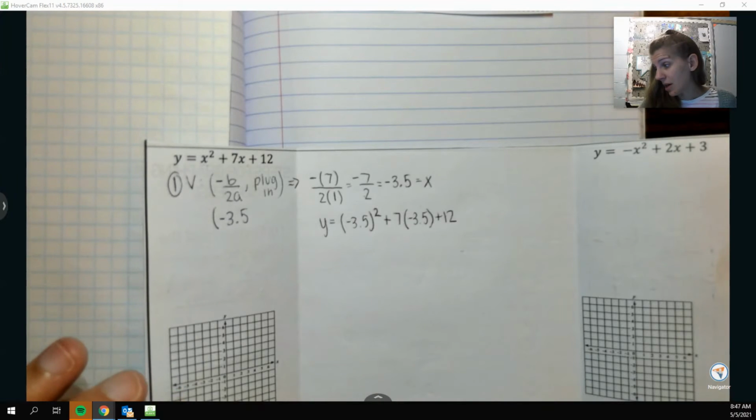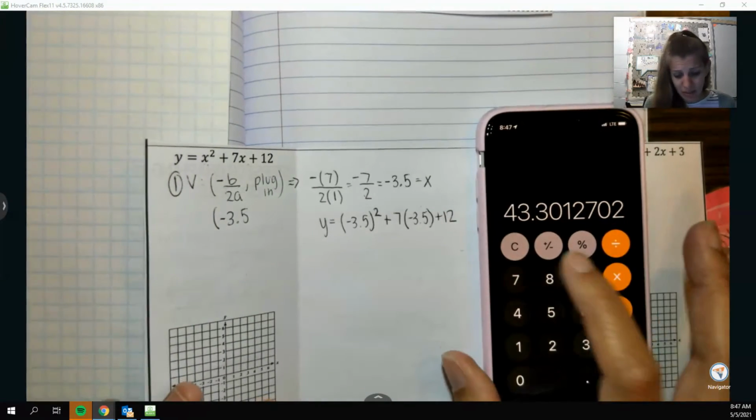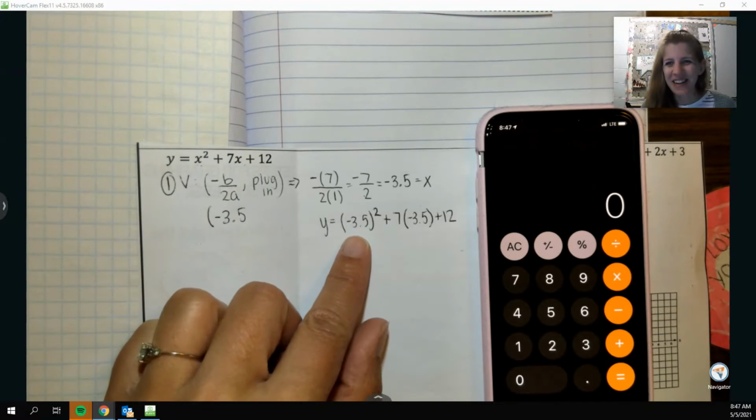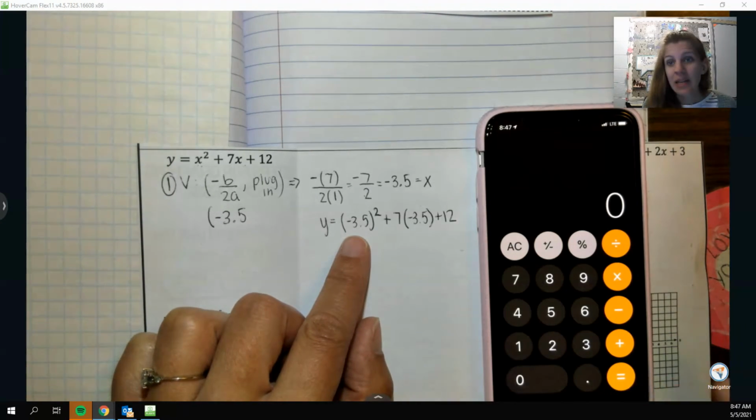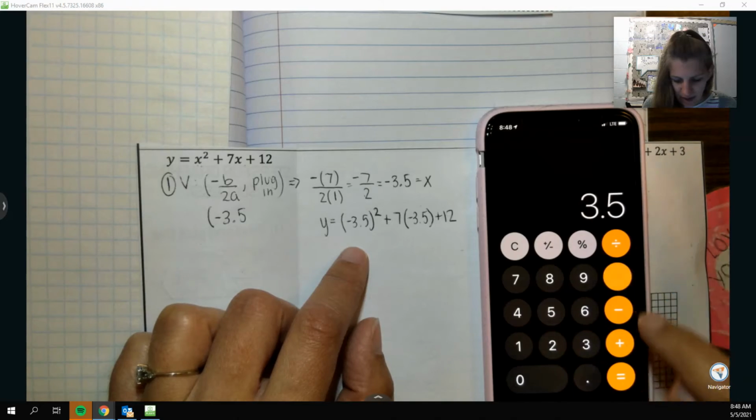Now, I'll tell you right now, y'all, I'm pretty good at squaring fractions, but I'm not super good at squaring decimals, so I'm totally going to use my calculator here and square this number. So if I do -3.5 times -3.5, I know my answer is positive, so I'm not even going to worry about the negative. I'm just doing 3.5 times 3.5.